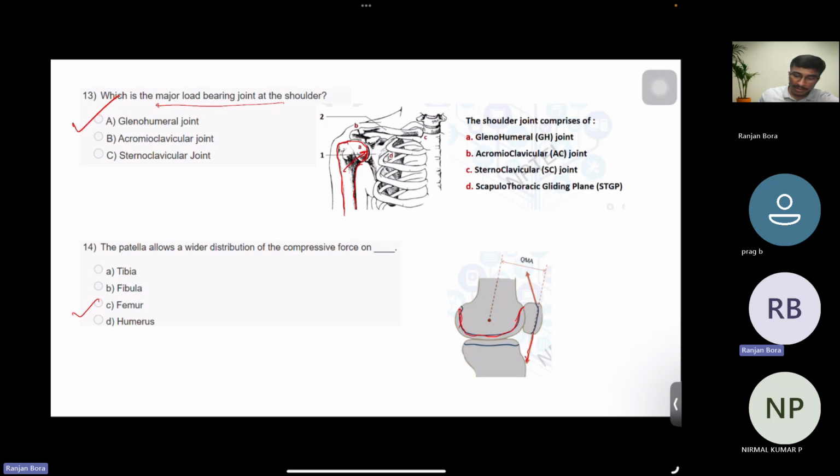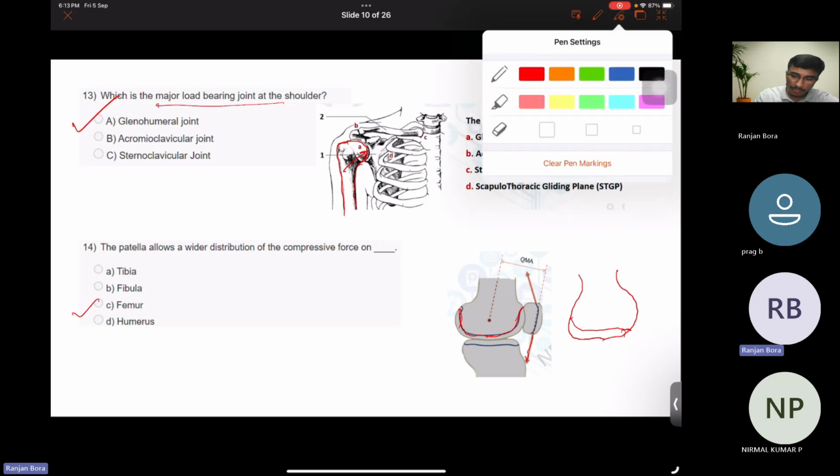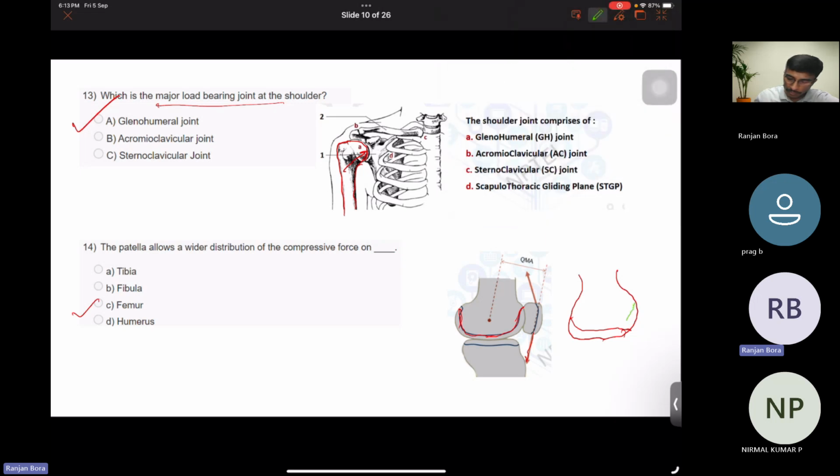If there is no patella, then it will be limited up to this region only. Because of the patella, we are getting extra, more distribution of the compressive force. So it is because of the patella.